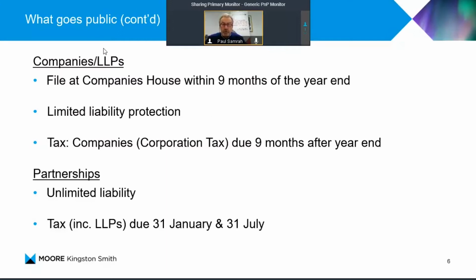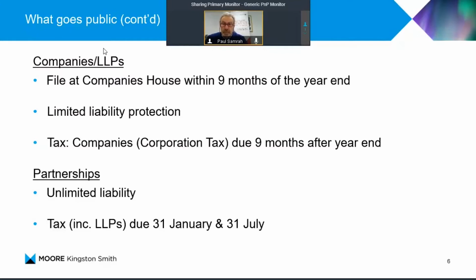Those fines increase depending on the length of time that has elapsed from the filing deadline. Obviously, companies have limited liability protection. So far as corporation tax is concerned for companies, that is also due 9 months after the year end. So it's quite simple. Have the 9-month rule in your head. You pay your corporation tax and you make sure your accounts are filed with Companies House.